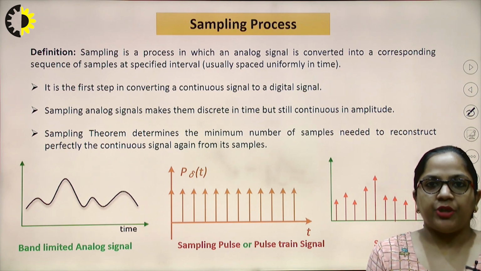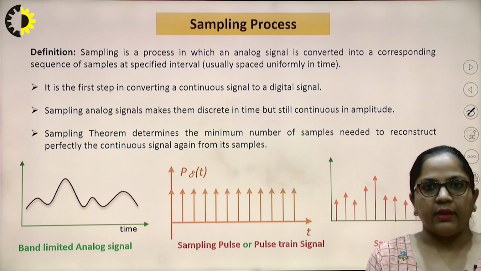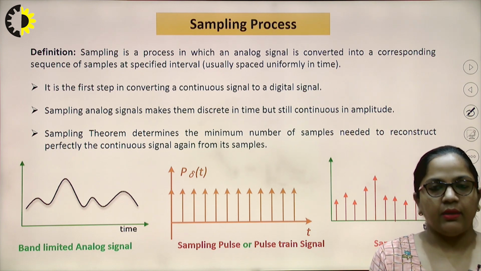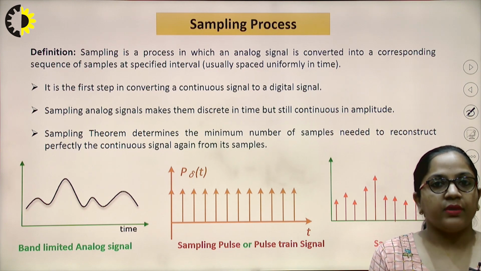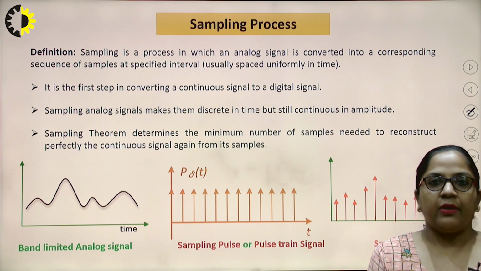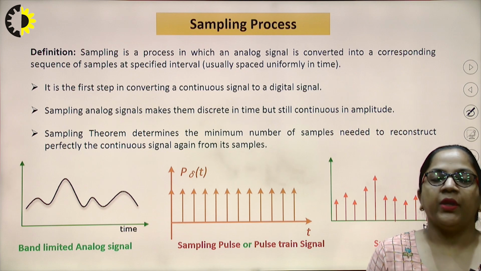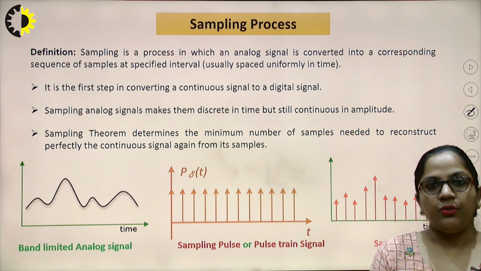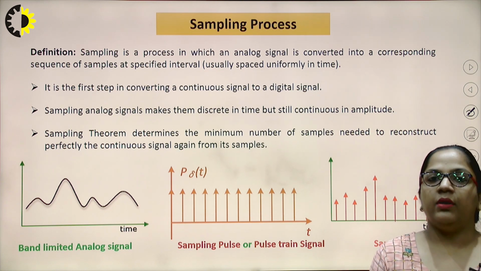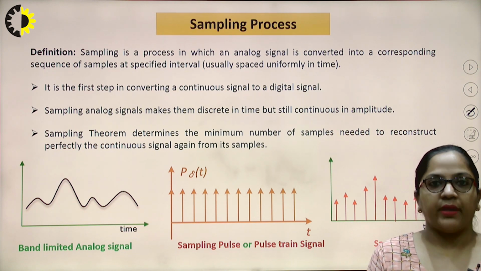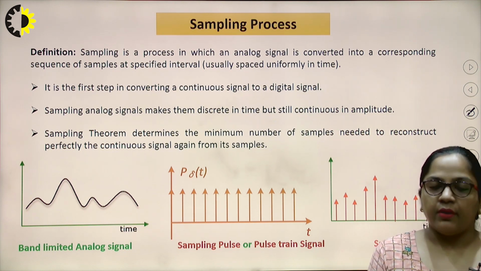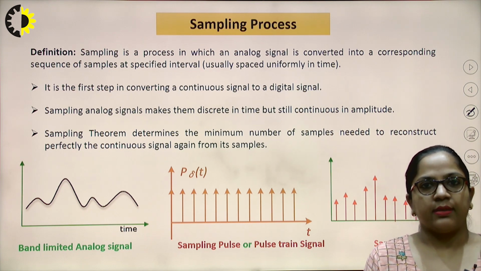In general language, we can define sampling as a process of converting a continuous analog signal into a discrete time signal. Sampling is the very first step of converting an analog signal into a digital signal. We can convert an analog signal into a digital signal with the help of sampling, quantization and encoding. So sampling is the very first step for converting an analog signal into a digital signal.